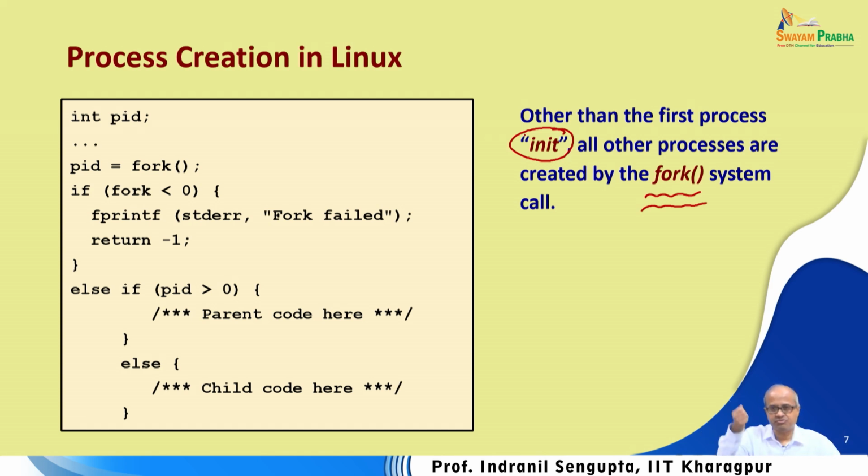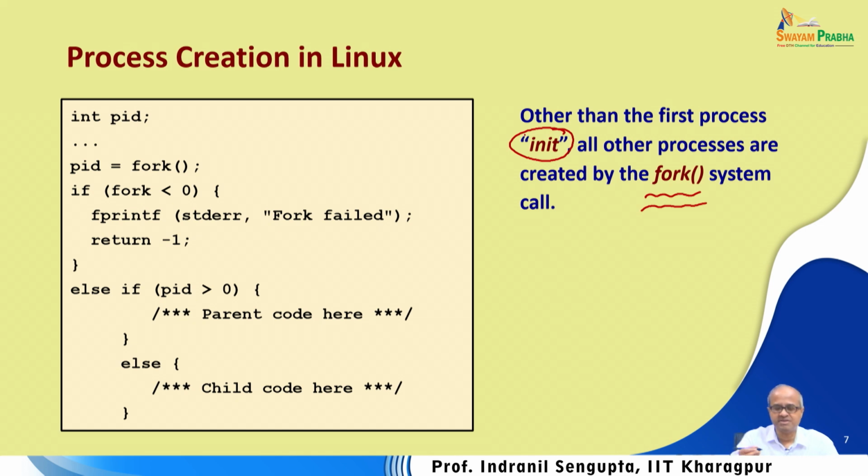So, when you are switching on the system, initially only one process gets created automatically during boot time. You can see at a time there are hundreds of processes running. So, all other processes will be automatically created by that initial process by calling the fork system call.